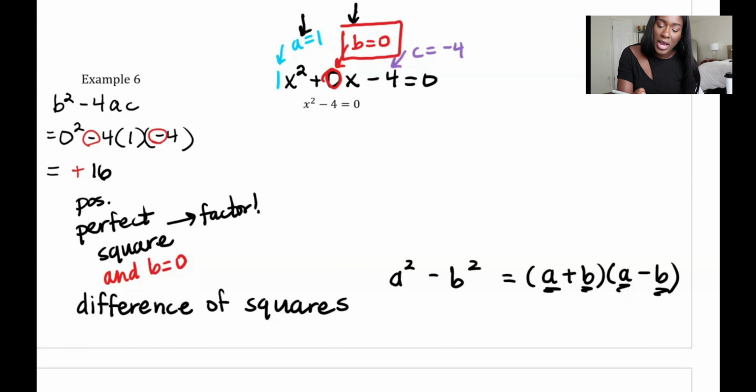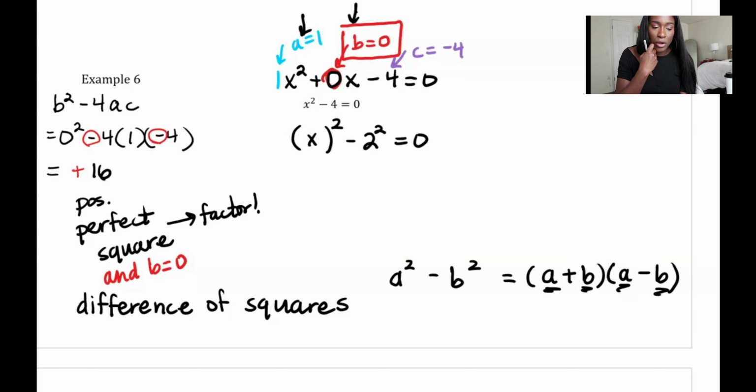So we have x squared minus 4 is equal to 0. Well, that's the same thing as, I'm just going to write it a little bit differently, x squared minus 2 squared.